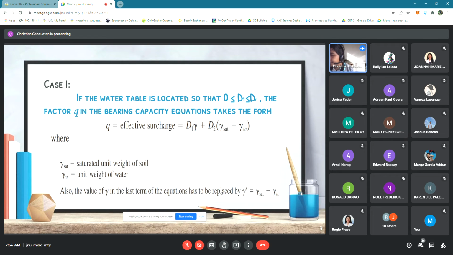Engineer Bakay, do you remember the equation for Terzaghi for square footing? Mr. Bakay, are you there? Did you remember the equation for the square footing for Terzaghi?